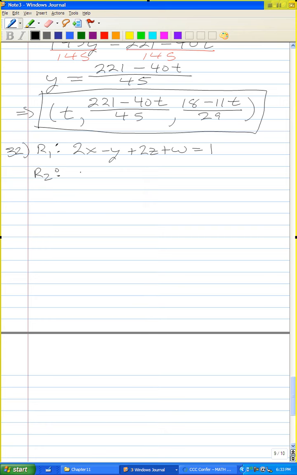R2: x plus y plus z minus w equals negative 1. R3: 3x plus 2y minus z plus 2w equals 6.